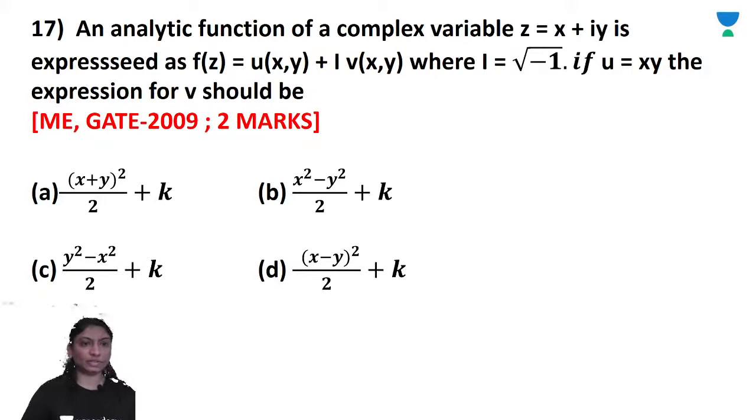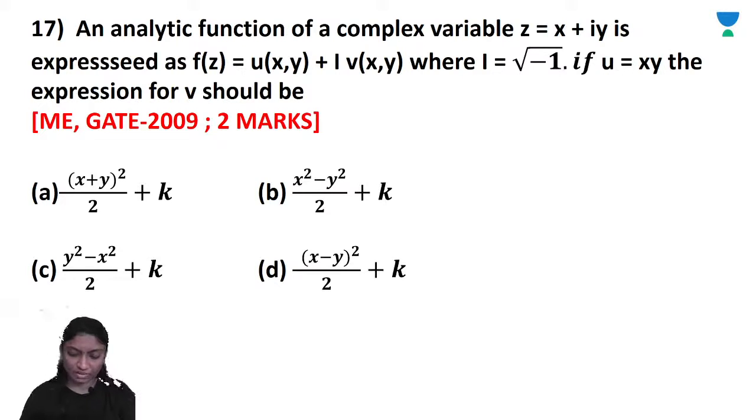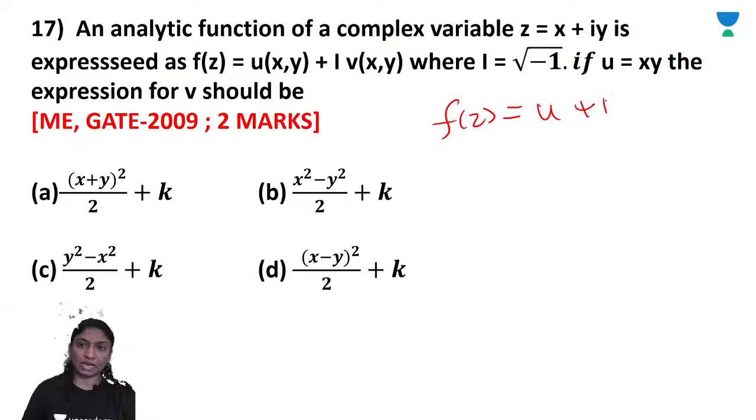Right? Now next. An analytic function of a complex variable z equal to x plus iy is expressed as f of z is equal to u of x,y plus i v of x,y, where i is equal to root of minus 1. If u is equal to xy, the expression for v should be, okay, so as it is an analytic function, f of z is equal to u plus iv.